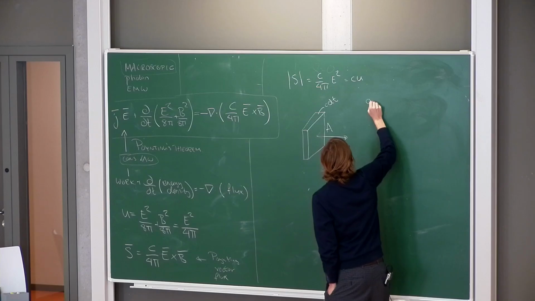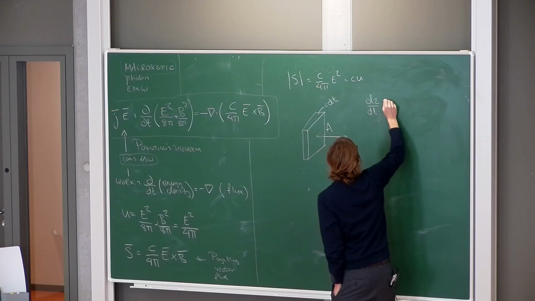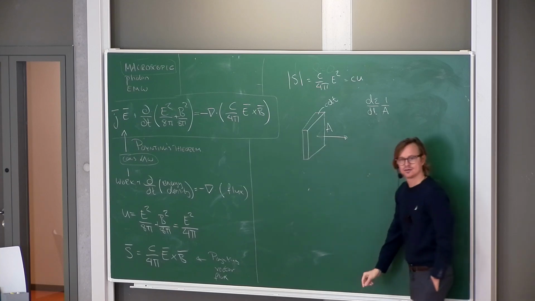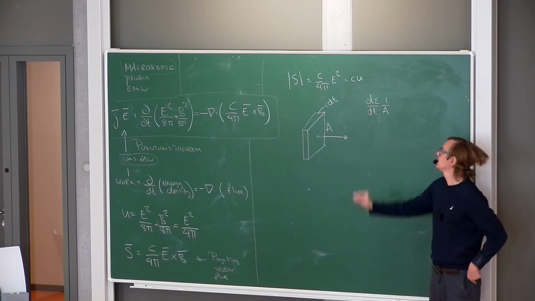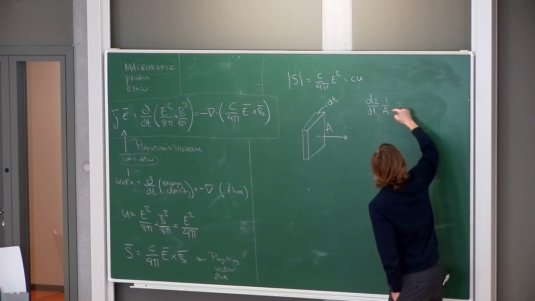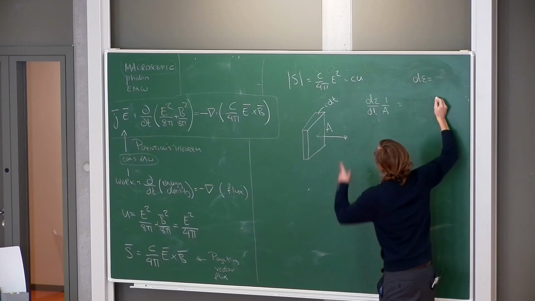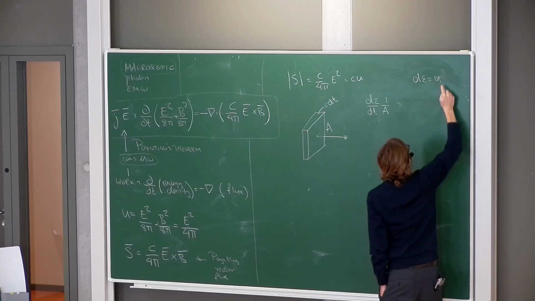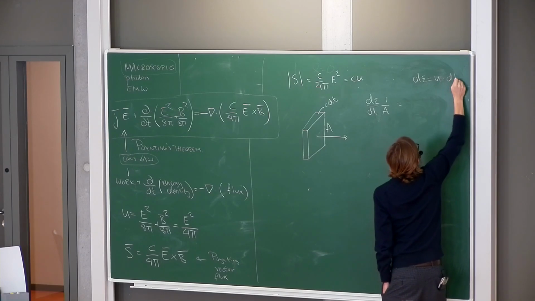Then the magnitude would just be dE dt times 1 over A, where this is the total energy per unit time, so energy per unit time per unit area. That's our flux, right? But of course, we can write this E as our energy density times the volume.